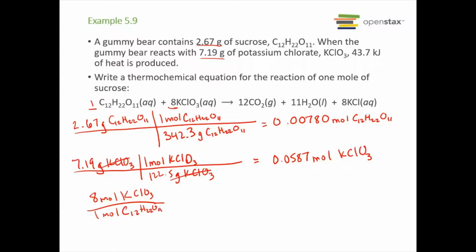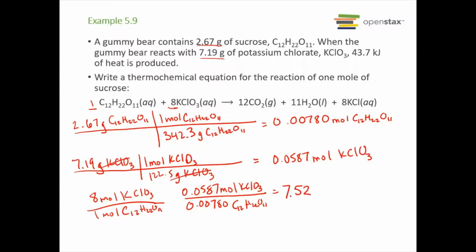So we're going to go ahead now and do 0.0587 moles of the potassium chlorate divided by our moles of sucrose. And this is 7.52.